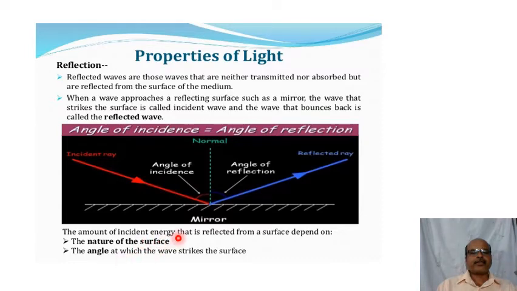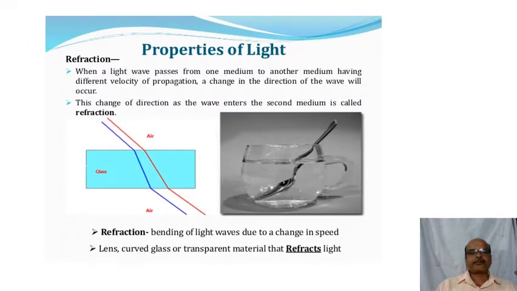The amount of incident energy that is reflected from the surface depends on the nature of the surface and the angle at which the wave strikes the surface. Then next is refraction. When a wave passes from one medium to another medium having a different velocity of propagation, a change in the direction of the wave will occur.